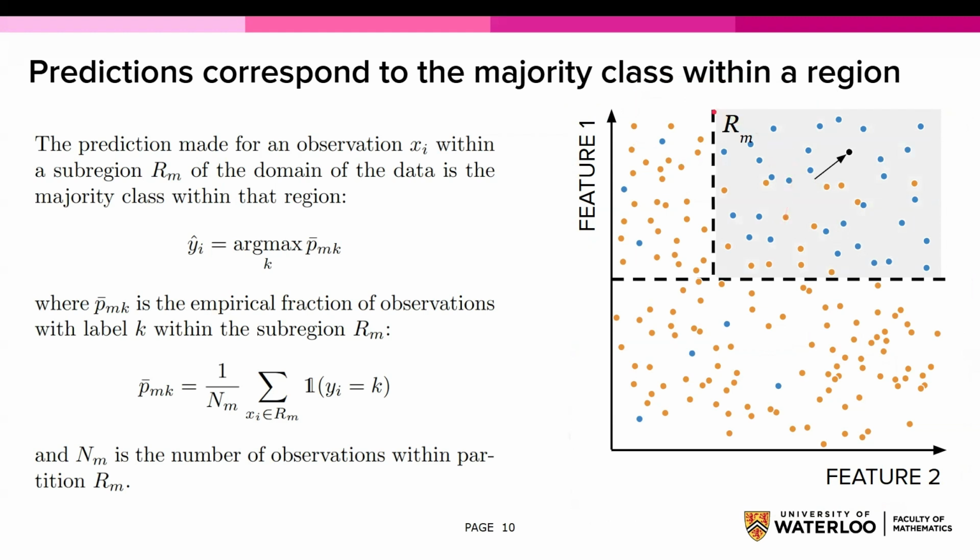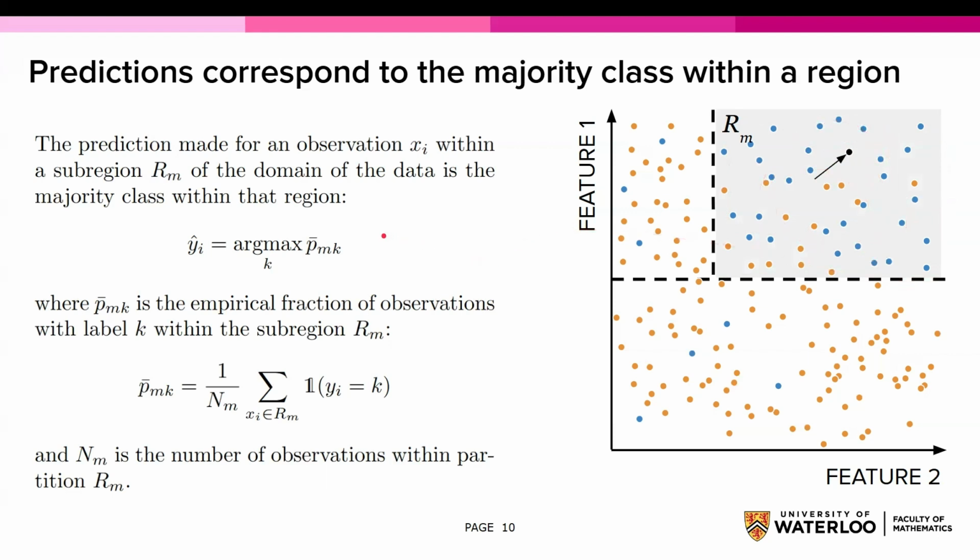So for instance, for this highlighted gray subregion R_m, the decision tree would count the number of blue and orange points, and whichever class has more points in the subregion would be assigned as the predicted label for any new point that falls within the region. So this new test point here, that black one, would get assigned a blue label because that's the majority class within this region.